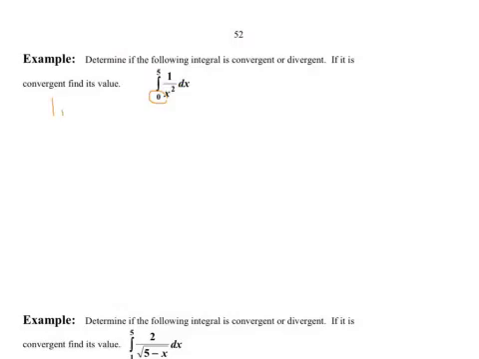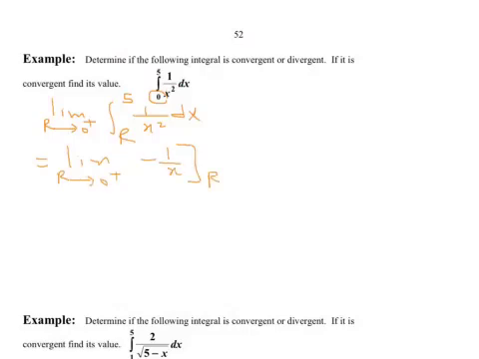So we have here at x equal to 0, we have discontinuity. So we have to say the limit as r goes to 0 from the right, of the integral from r to 5 of 1 divided by x squared dx. Then we have to integrate and then replace r equal to 0 at the end. Integration of this is minus 1 divided by x, from r to 5.